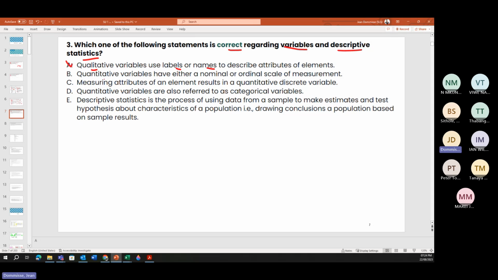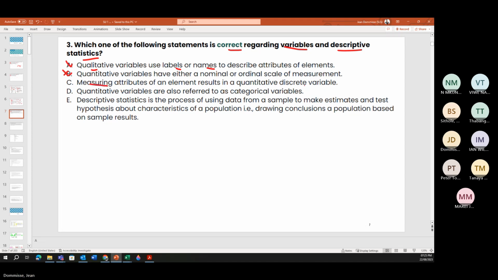Quantitative variables have either a nominal or ordinal scale. That is incorrect. Quantitative has a discrete or continuous scale. Nominal and ordinal are actually qualitative. So quantitative is just two: continuous and discrete. Okay, measuring attributes of an element results in a quantitative discrete variable.